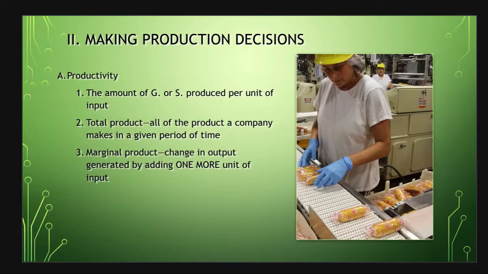So what's going to happen to our output if we add one more unit, and that unit is undefined at this point, but one more unit of sugar? What's going to happen to our production of donuts? What if we add one more employee? What if we add one more machine to help make those donuts? That's part of what this is trying to answer.